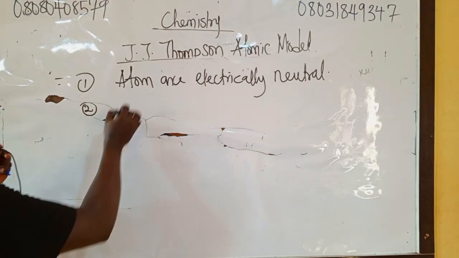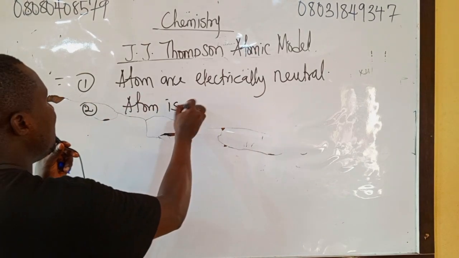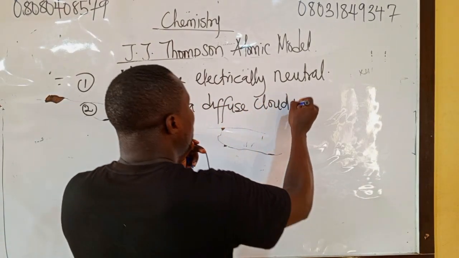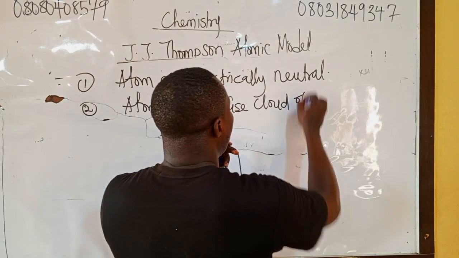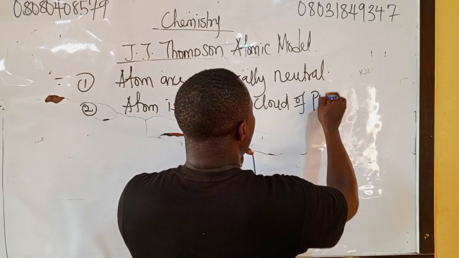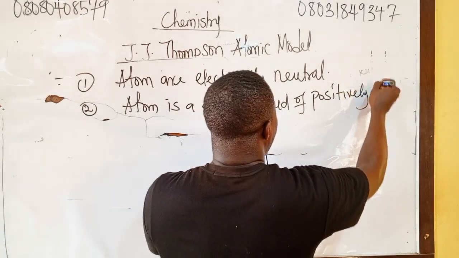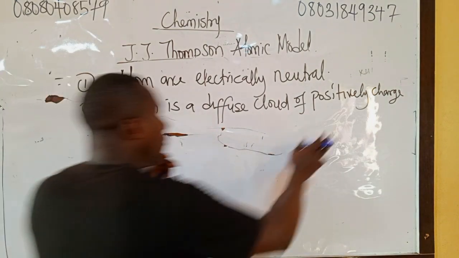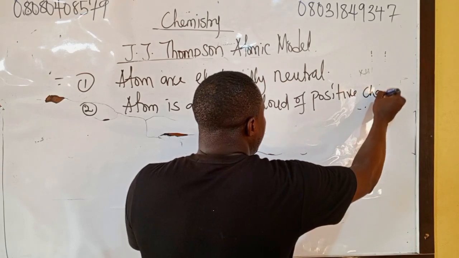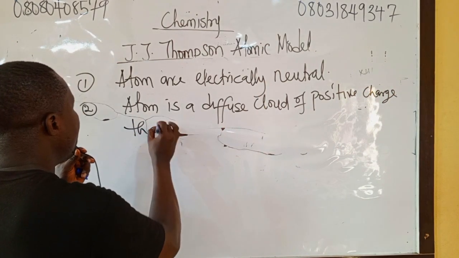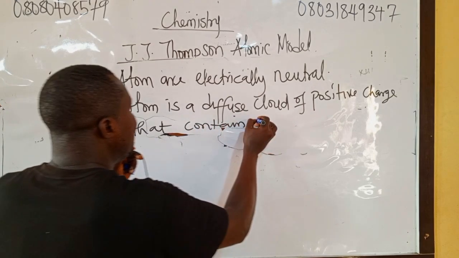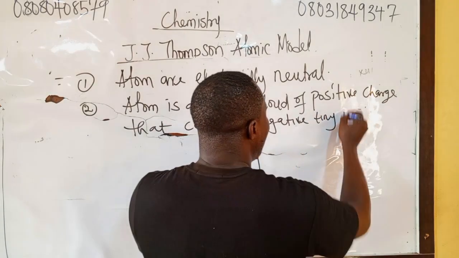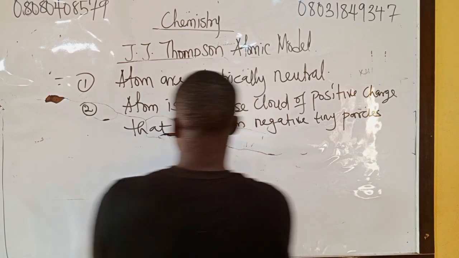Number two, an atom is a diffuse cloud of positive charge that contains tiny negative particles called electrons.